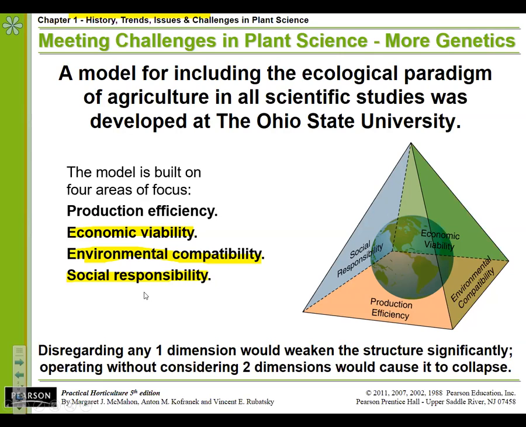But can you get away with paying someone $1.25 for agricultural labor? Probably not. That says something maybe about our production efficiency there, and maybe it also says why I'm no longer growing hoop house tomatoes. But nonetheless, that social responsibility aspect is there.